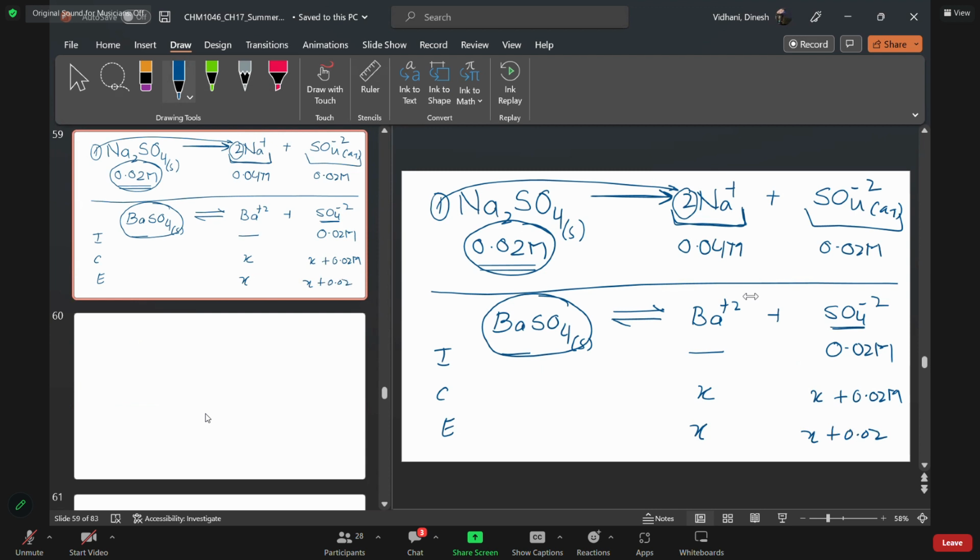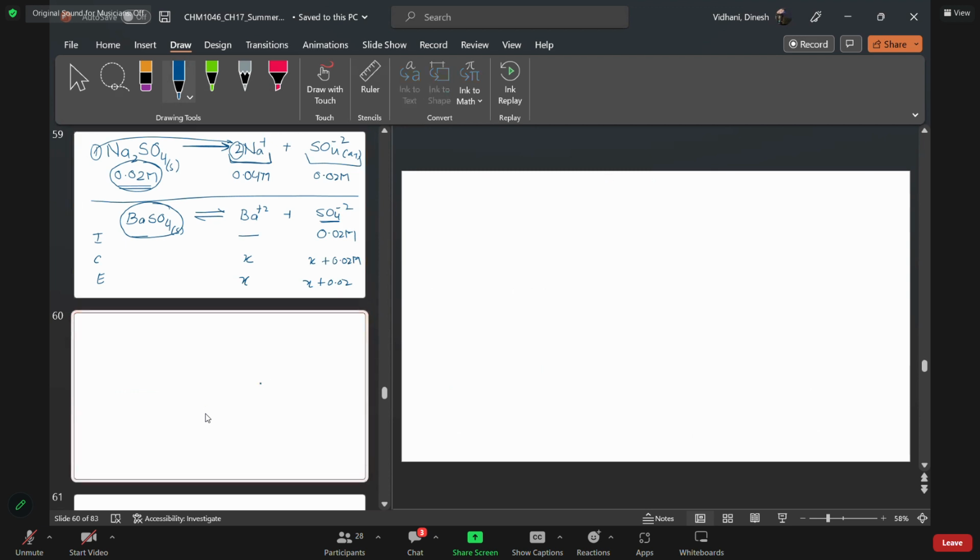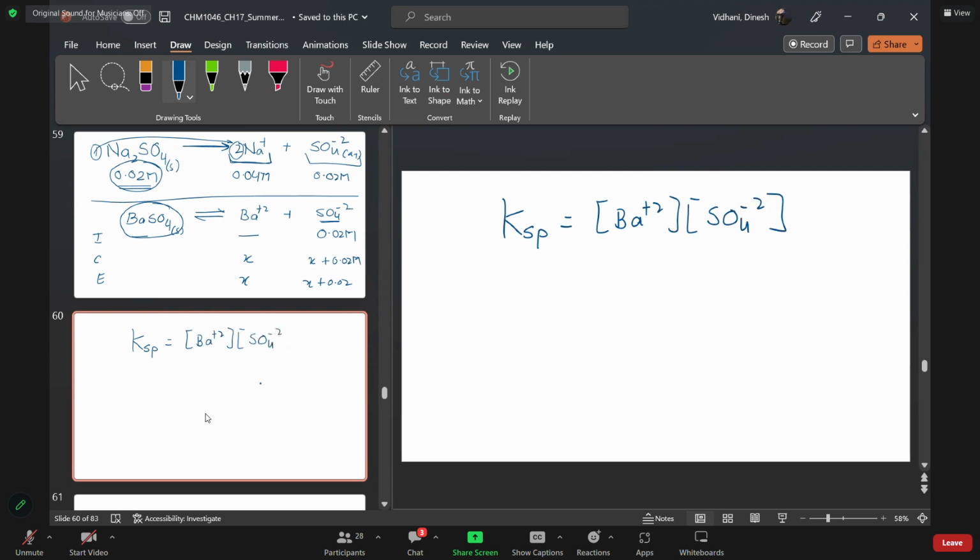Now I'm going to write the Ksp equation for this. Ksp equals barium ions times sulfate ions. How much barium ions should I have? X amount. How much sulfate ions? X plus 0.02. That should be the sulfate ions.